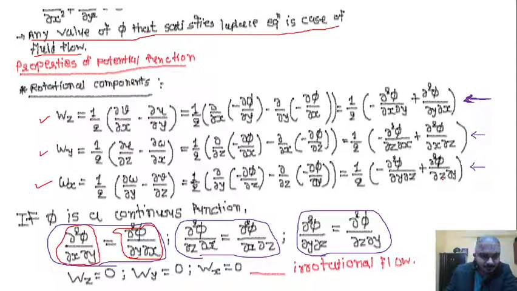in this way. So if phi is a continuous function, then the order of differentiation with two variables does not affect the result. So these two will be the same everywhere. So omega z equal to 0, omega y equal to 0 and omega x equal to 0. This will be the case of irrotational flow, when the rotational components are 0.